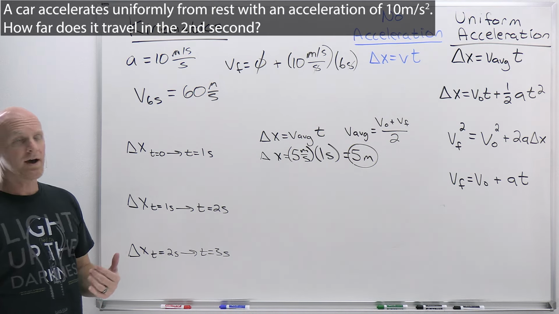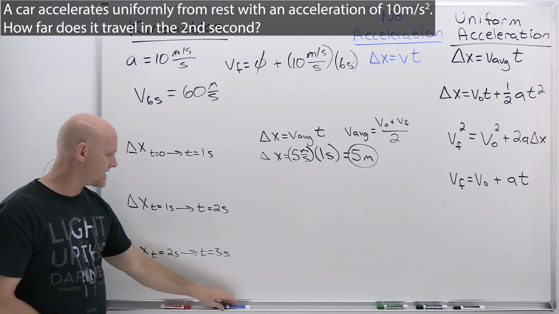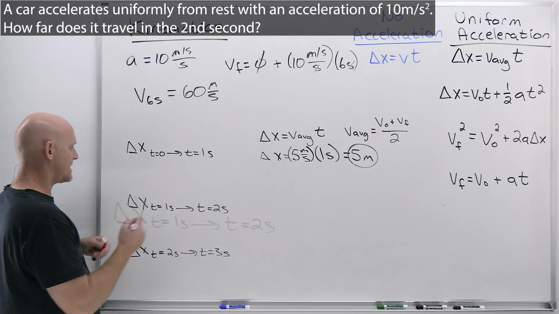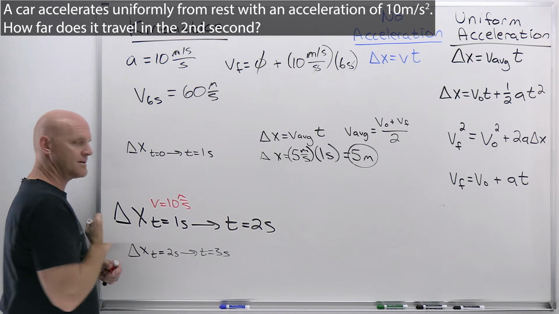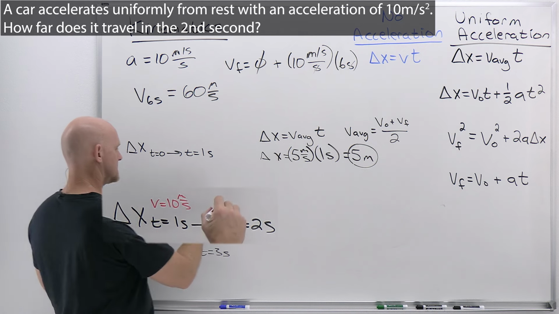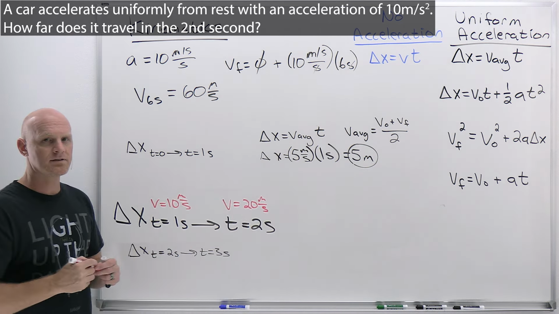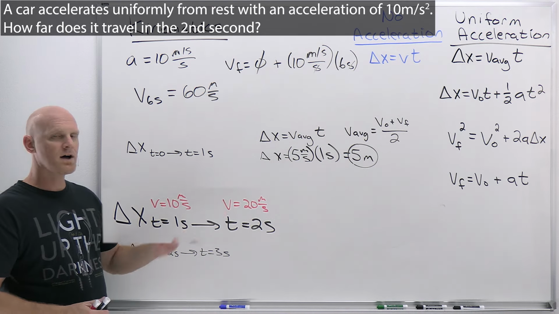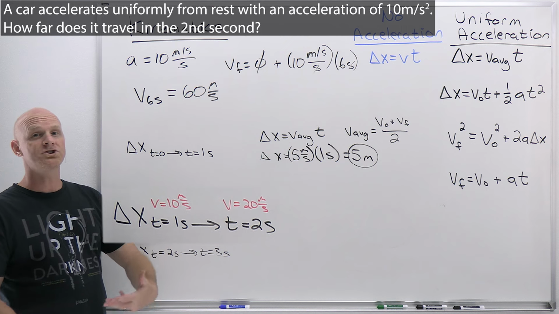We could do this the same way, and we could rationalize that out in our head. So at t equals 1 second, we already figured out that the velocity is 10 meters per second. At t equals 2 seconds, we're going to be up to a velocity of 20 meters per second. And if you know the initial and final velocities, then the average is halfway in between, or you can do 10 plus 20 over 2.